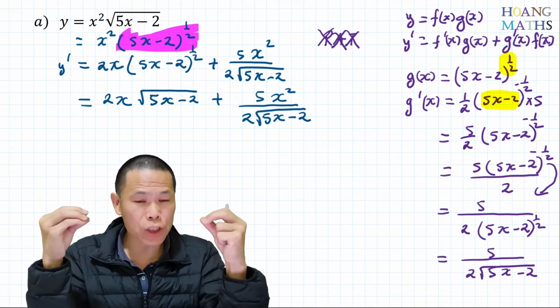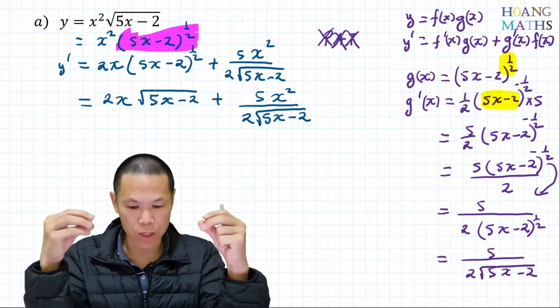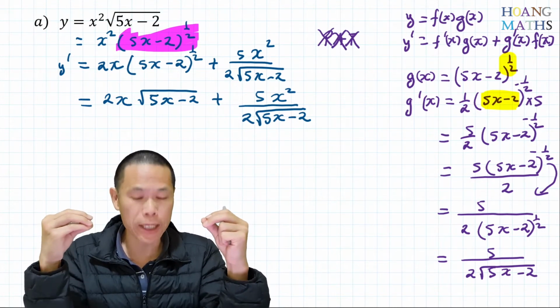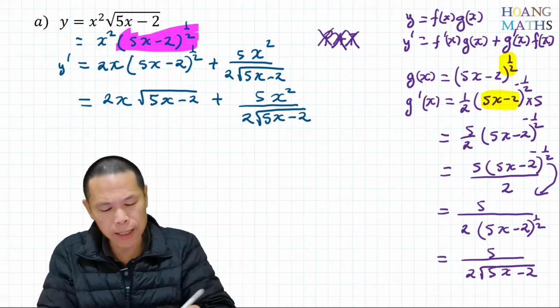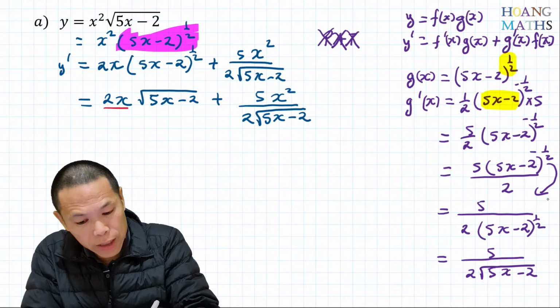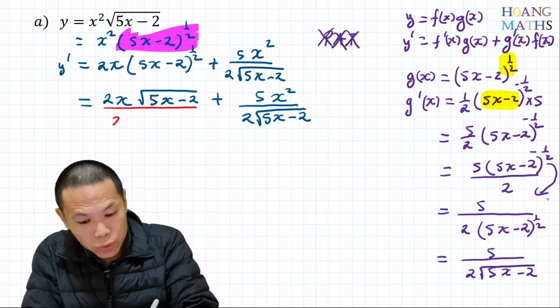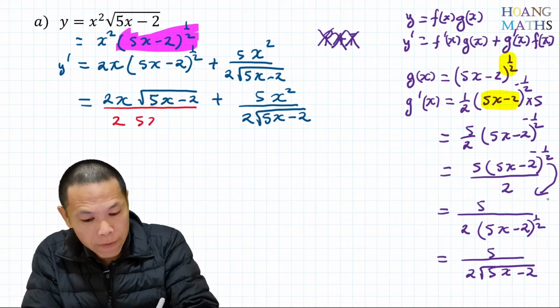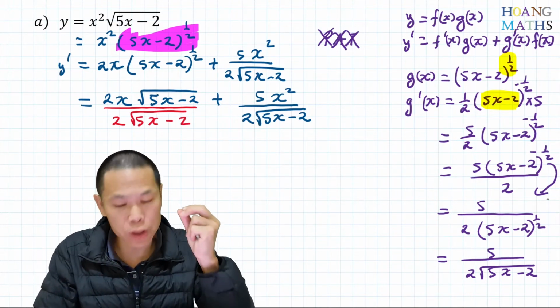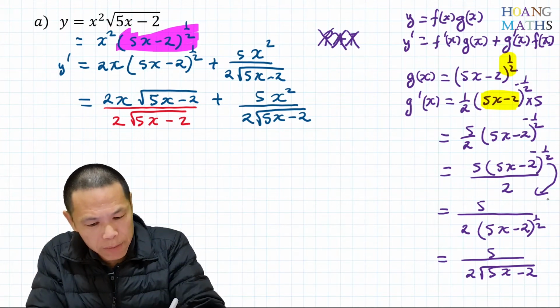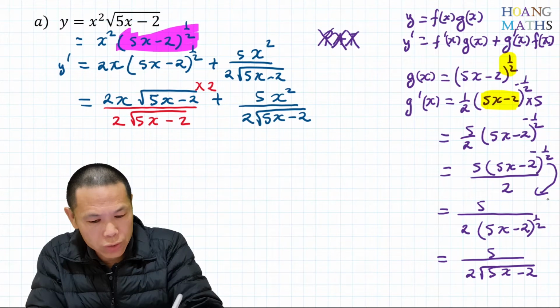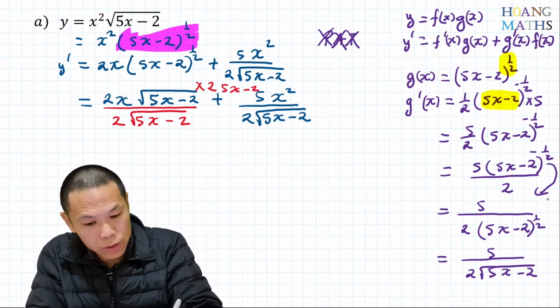When you're adding fractions, the common denominator must be the same. In this case, the common denominator must be 2 square root of 5x minus 2. So I want to write this over 2 square root of 5x minus 2. Therefore, I need to times the top by the same as well, so I times this by 2 square root of 5x minus 2.